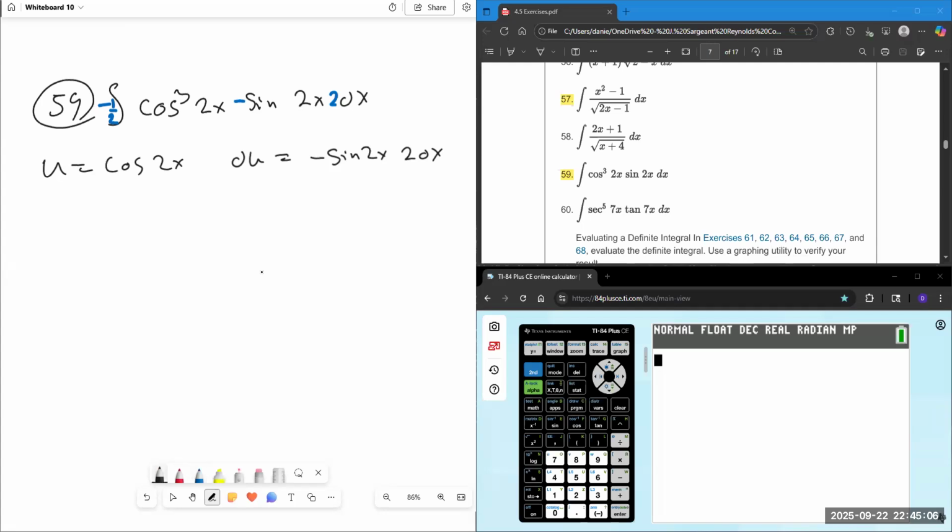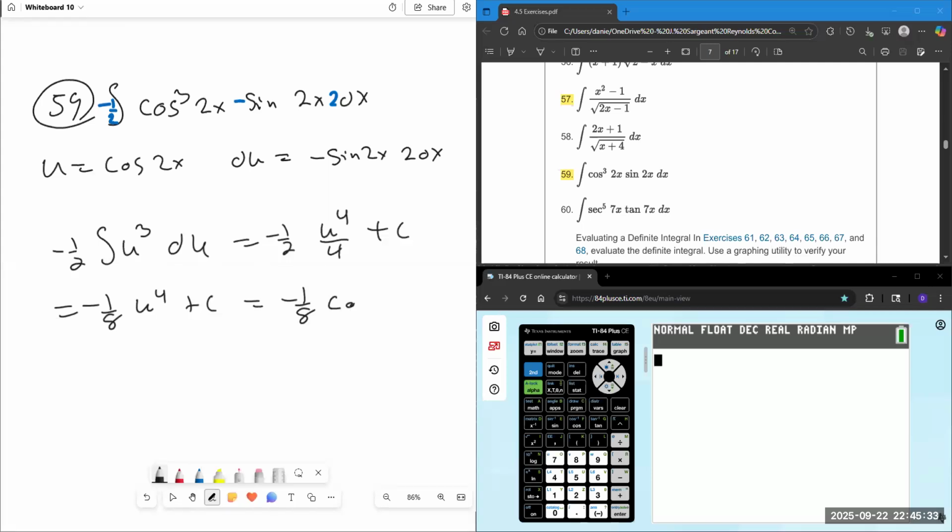So we have a negative 1/2 u to the third du. So that's a negative 1/2 u to the fourth over 4 plus c, is a negative 1/8 u to the fourth plus c, is a negative 1/8 cosine to the fourth of 2x plus c.